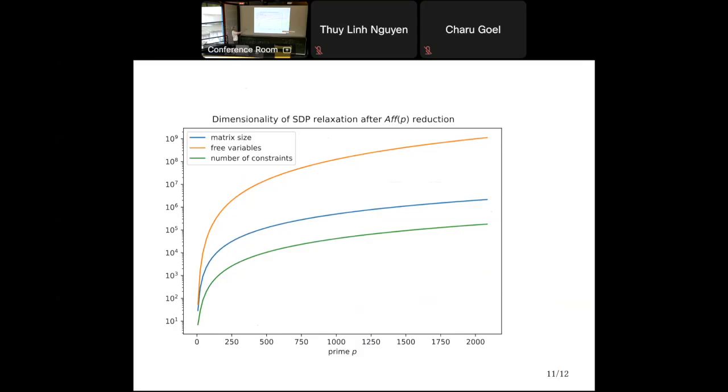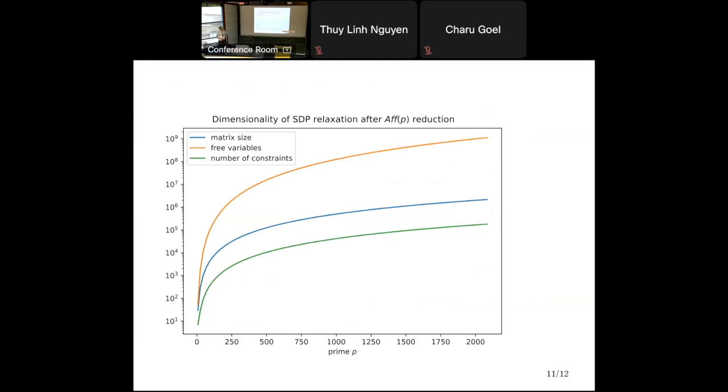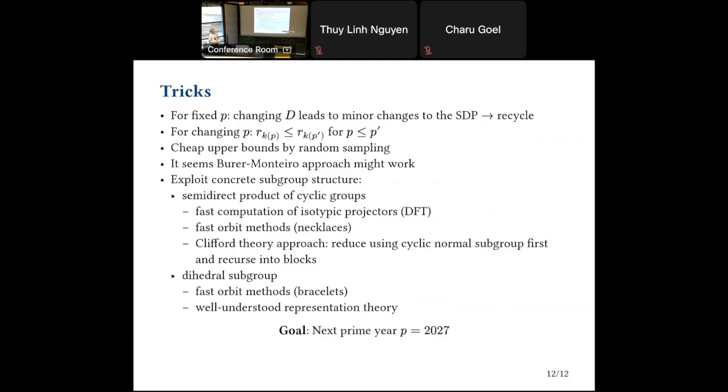This is not really representative because actually the individual matrix sizes are much smaller. So this is computationally much more efficient than this huge dense matrix. I mean, many orders of magnitude more efficient. And yeah, this is the general idea of symmetry reduction.